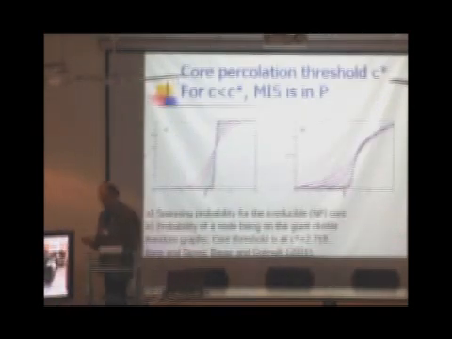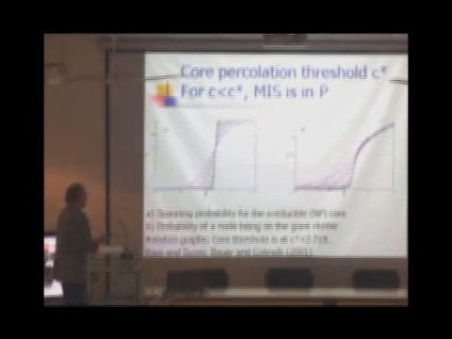And the answer is, well, it looks just like a percolation problem. This is the probability that the remaining core after leaf reduction, this is on diluted triangular lattices, where we've diluted a fraction p of the edges. In this case, the percolation threshold was about 0.465 or so.